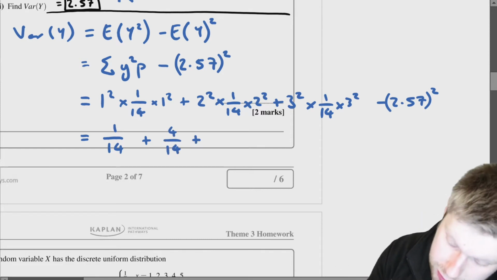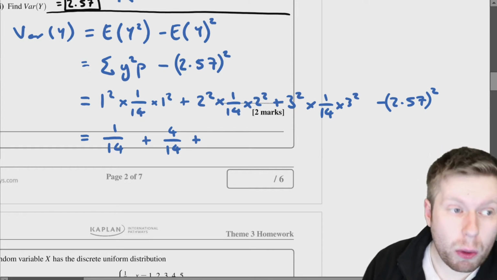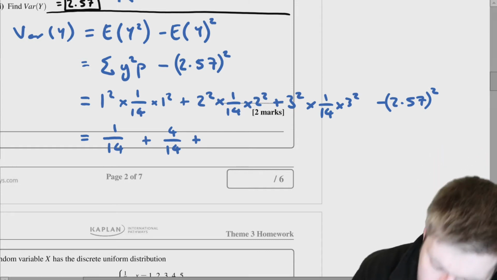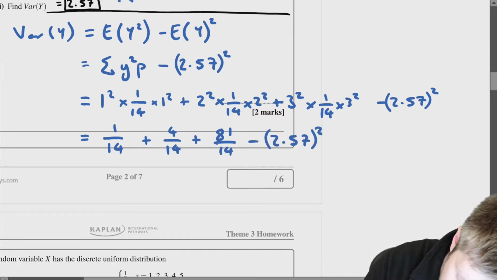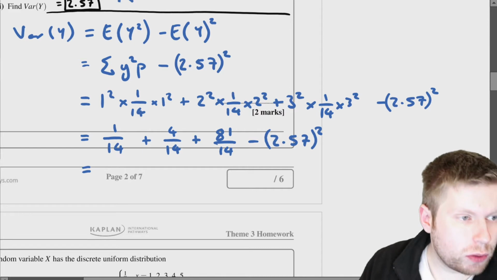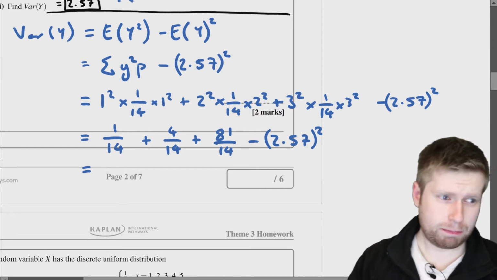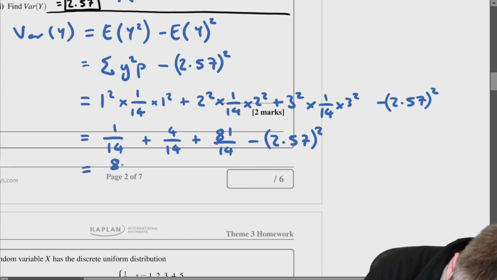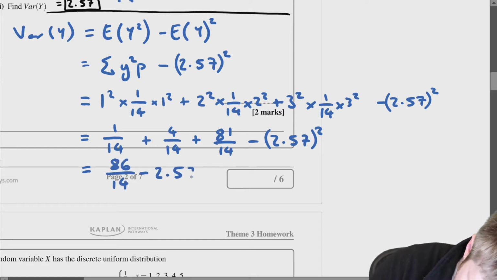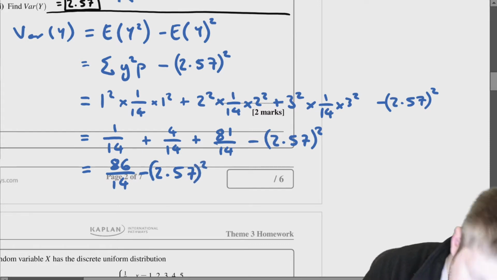Then 3 squared times 3 squared is 3 to the power of 4, which is 81, so that's 81/14. I've still got to take away my 2.57 all squared as well. Now I'll tidy up that fraction: 1/14 plus 4/14 plus 81/14 is 86/14. And I'm going to take away my answer to the previous question, which is 2.57 for me, and square that.